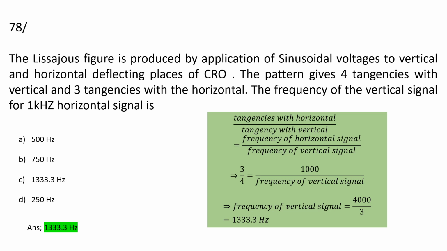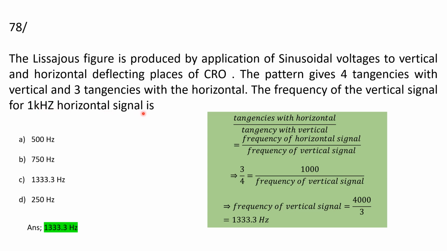The Lissajous figure is produced by application of sinusoidal voltage to the vertical and horizontal deflecting plates of a CRO. The pattern gives 4 tangencies with the vertical and 3 tangencies with the horizontal. The frequency of the vertical signal is asked for a 1 kHz horizontal signal.